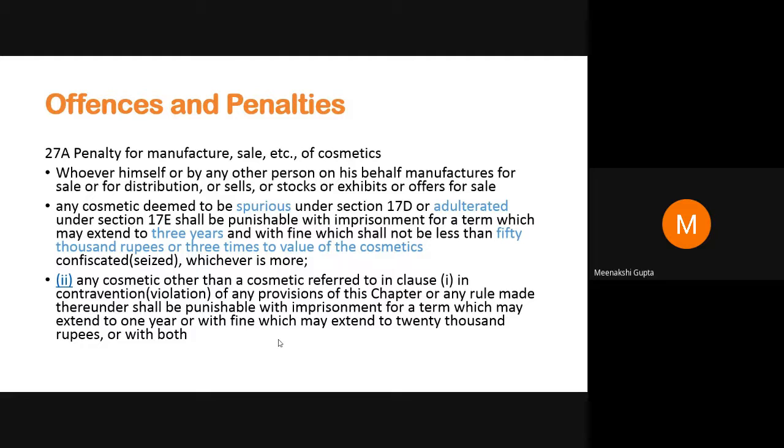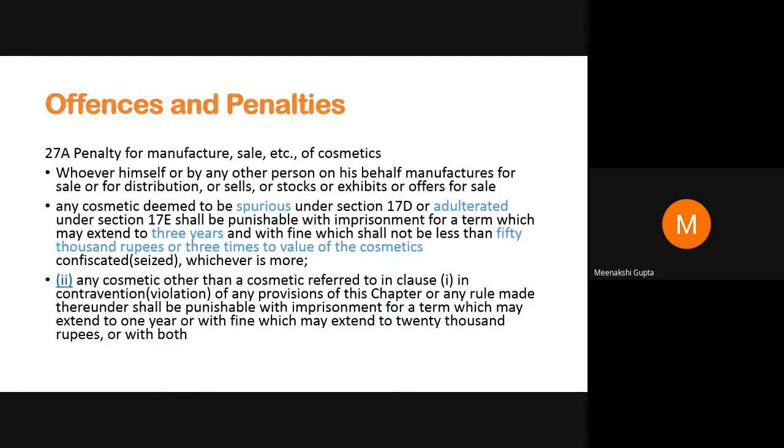Any person who himself or any other person on his behalf manufactures for sale or distribution, or stocks, a cosmetic deemed to be spurious under Section 17D, or adulterated under Section 17E, shall be punishable with imprisonment for a term which may extend to 3 years, and with a fine which shall not be less than 50,000 rupees or 3 times the value of the cosmetic confiscated, whichever is more.